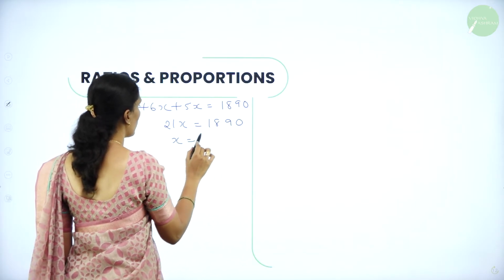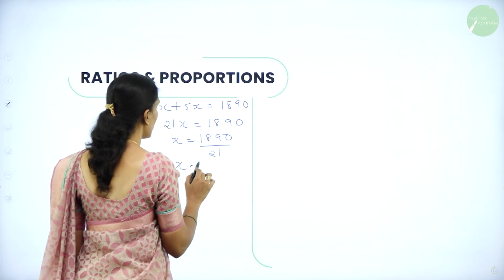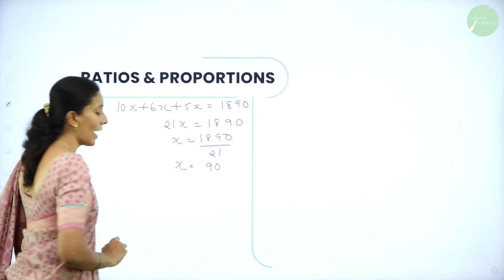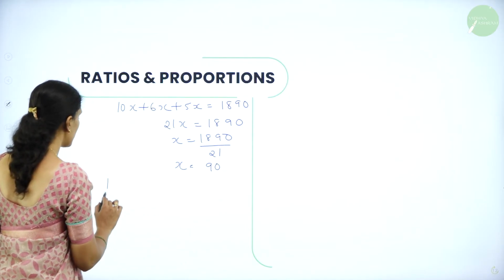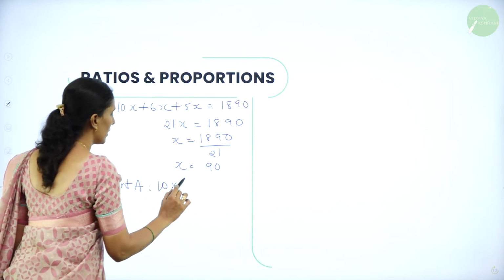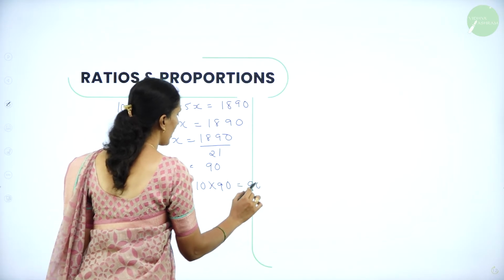So x is equal to 1890 divided by 21. X is equal to 90. Now I need three parts, that is part A. So what is my part A? Which is 10x. That is 10 into 90, which is equal to 900.